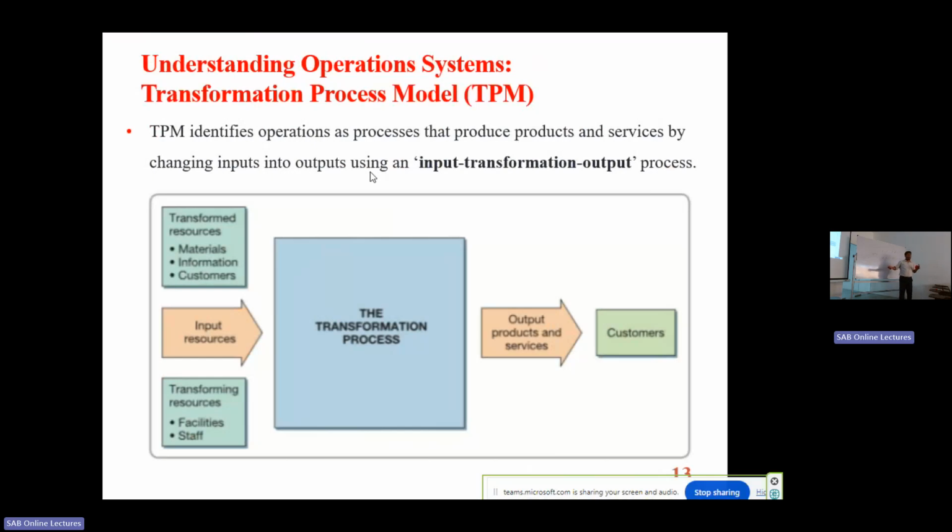Number one, operations inputs. For study purposes, they have further divided them into two categories called transformed resources and transforming resources.